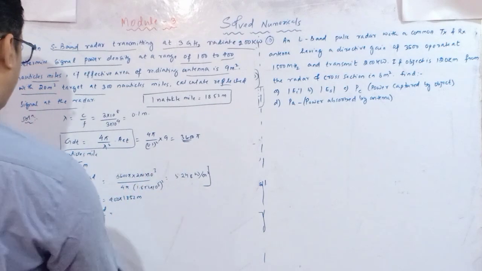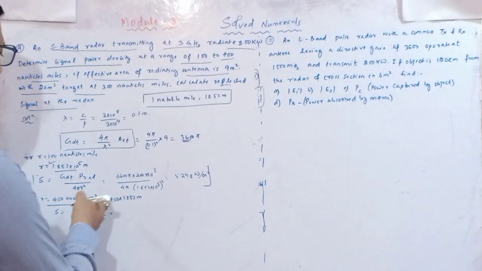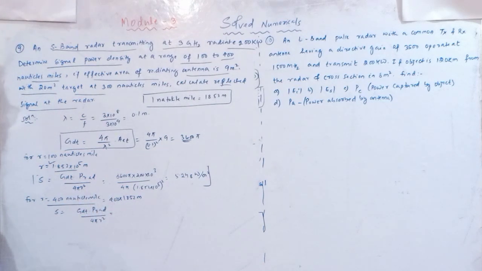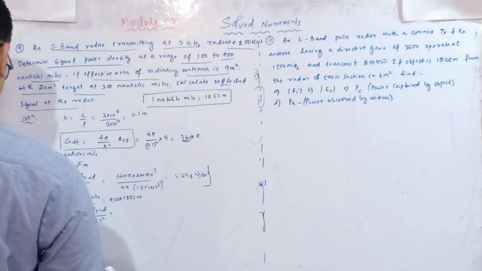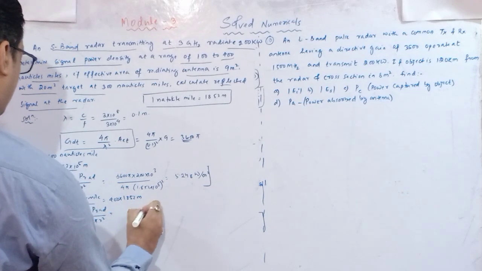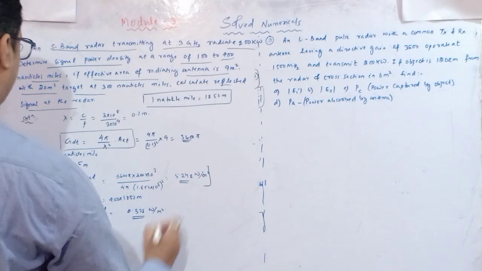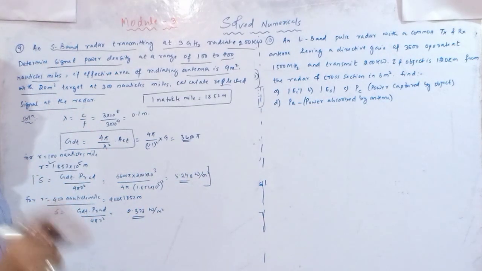Same relation, only the value is going to change. What is the distance? 400 into 1852 meter. If you solve this, we will get around 0.328 watt per meter square. So this is one relation and this is one answer for two different distances.